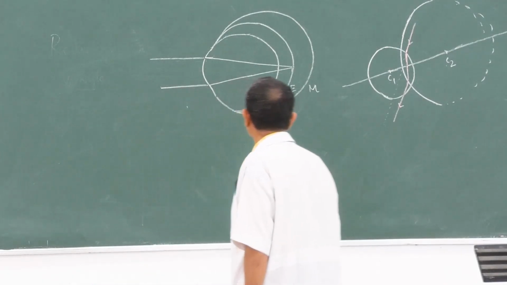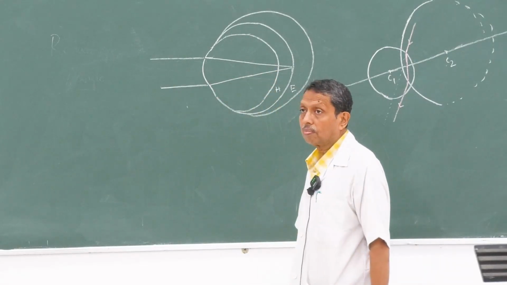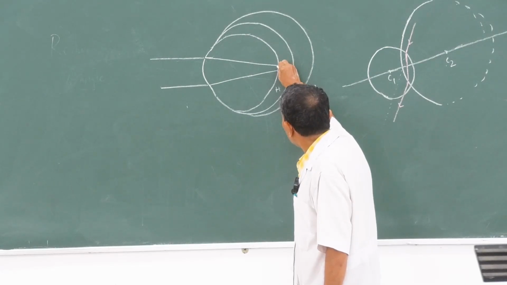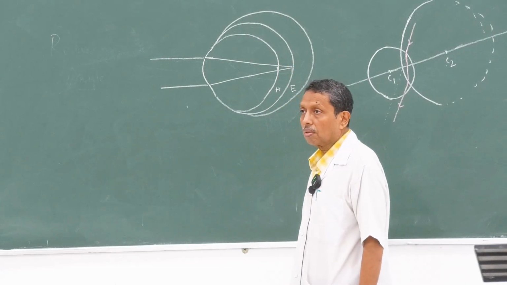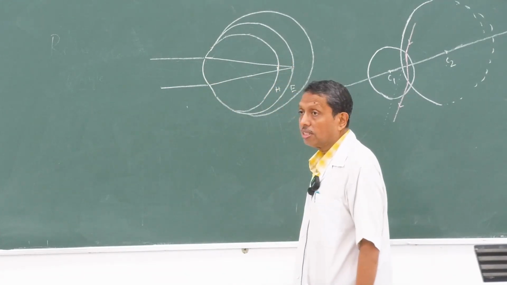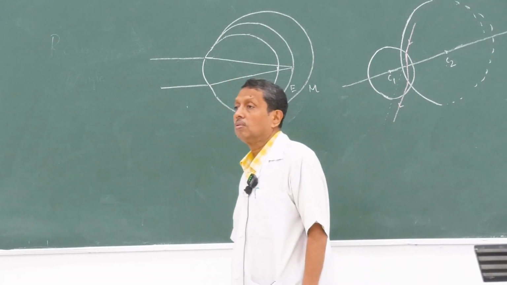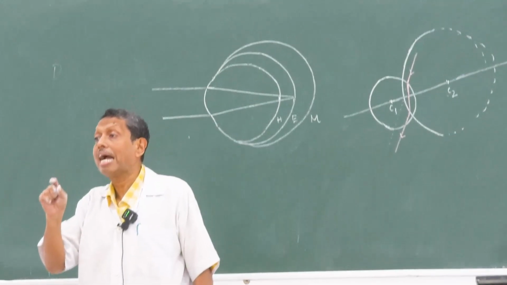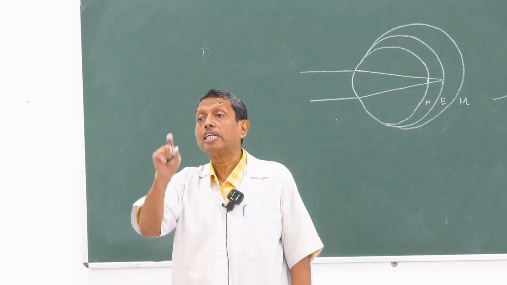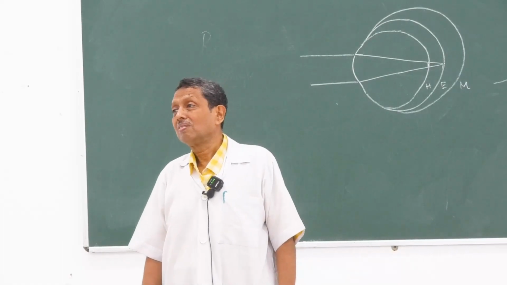But in hypermetropia, the eyeball length is shorter, and so the image is formed in this position. Without accommodation it is not possible to focus this. So the individual has to use his accommodative power, even when seeing any object from a distance continuously, and it is tiring.